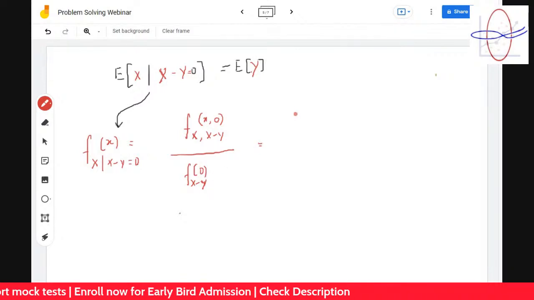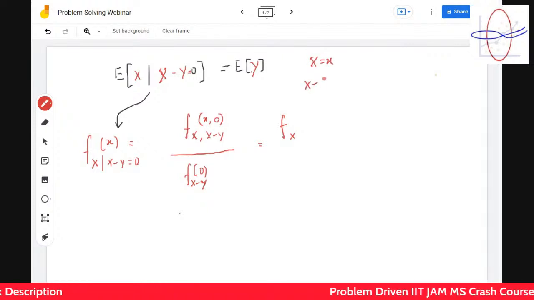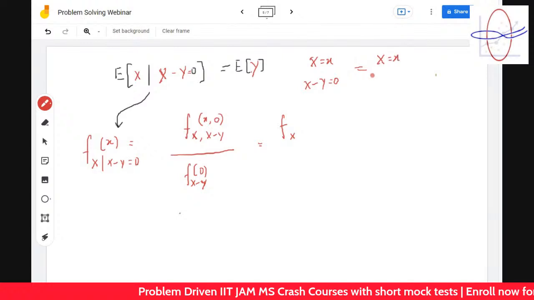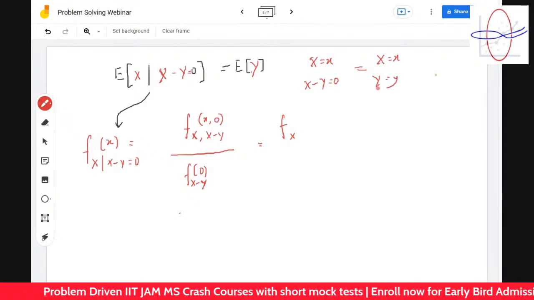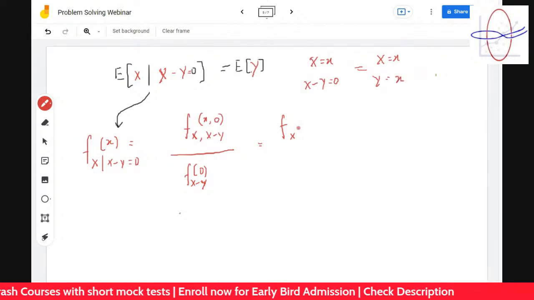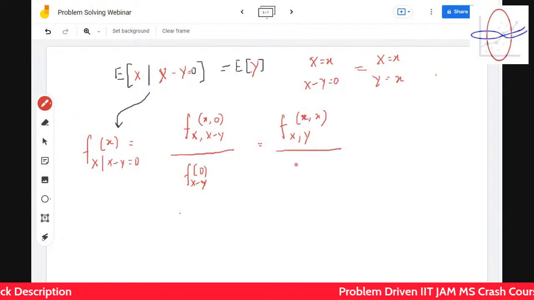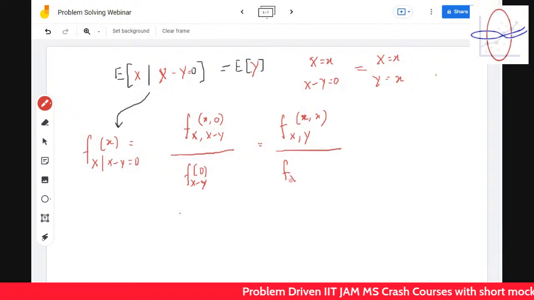And we can write it as f of x. So x is equal to x and x minus y is equal to 0. This event is the same as x is equal to x and y is equal to y, right? Sorry, y is equal to x. We can write it as x comma y. So we are changing from x comma x minus y to x comma y of x comma x by f of x minus y of 0.